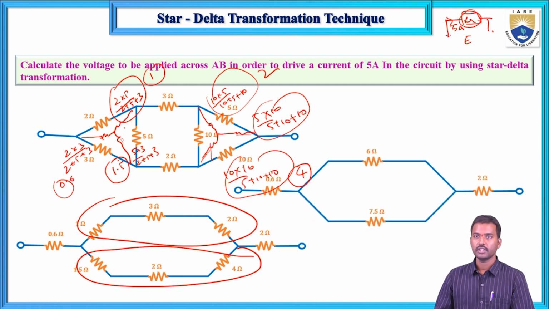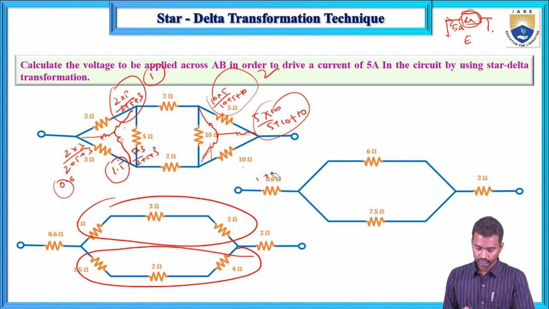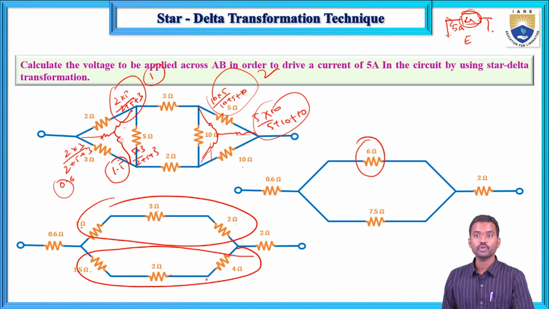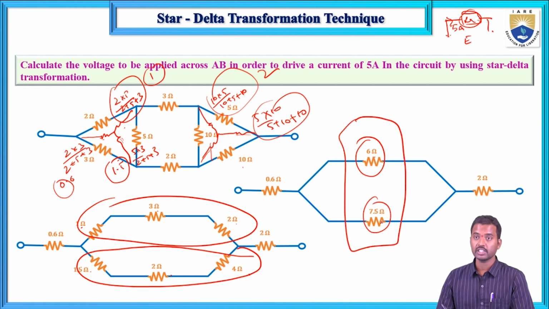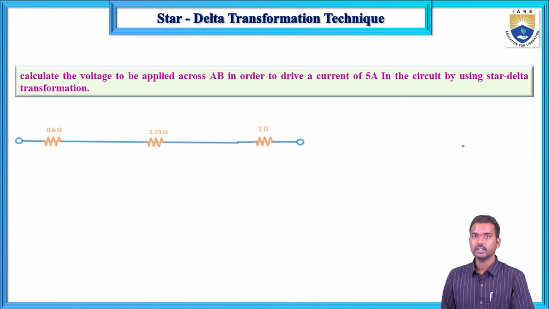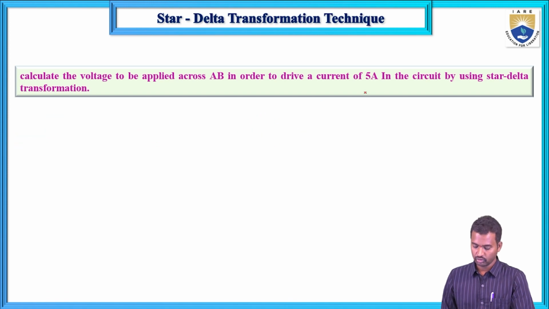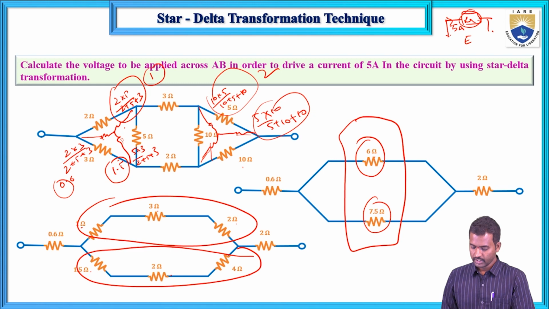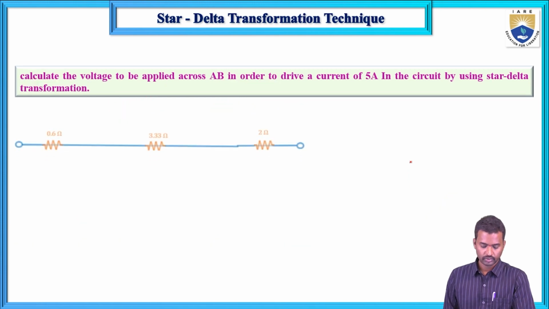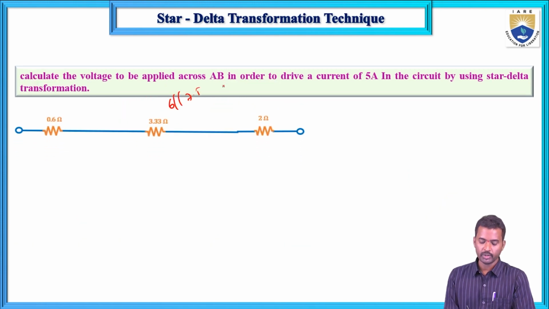So for the series connection, 1 plus 3 plus 2 is 6, and 1.5 plus 2 plus 4 is 7.5. Next, these two, 6 and 7.5, are connected in parallel. 6 parallel with 7.5 means 6 into 7.5 divided by 6 plus 7.5, and that value is 3.33.